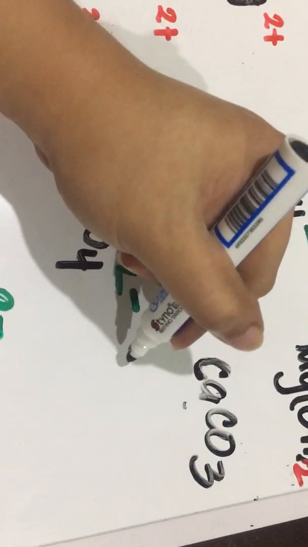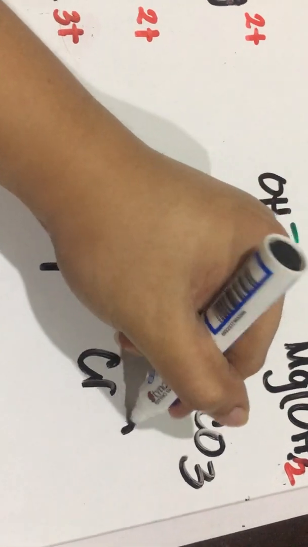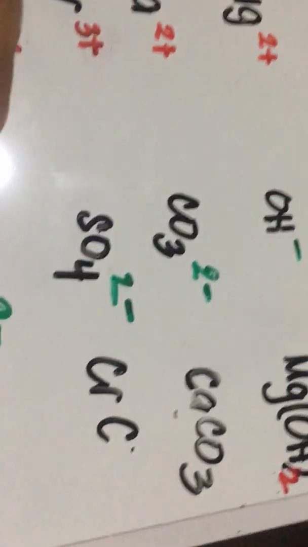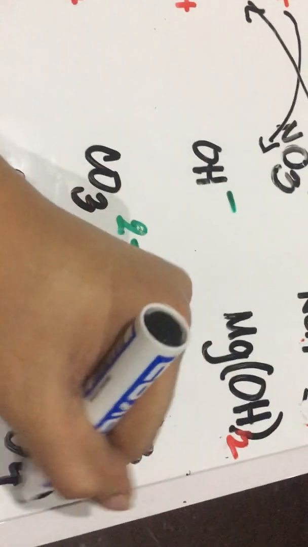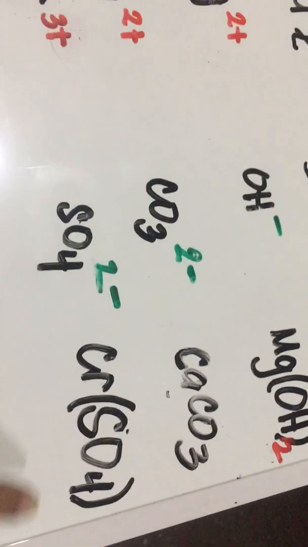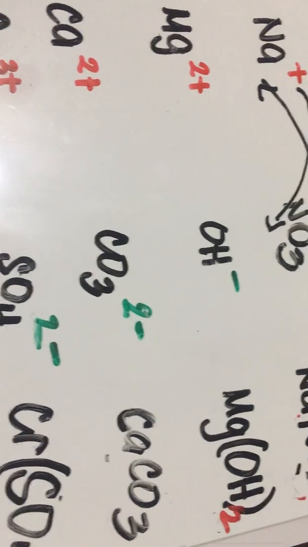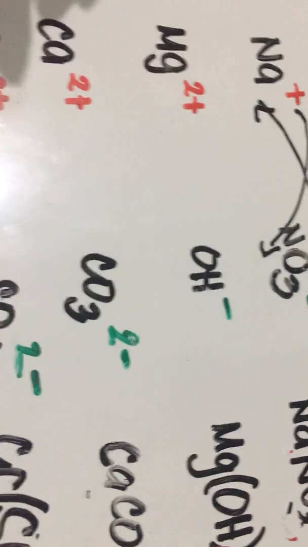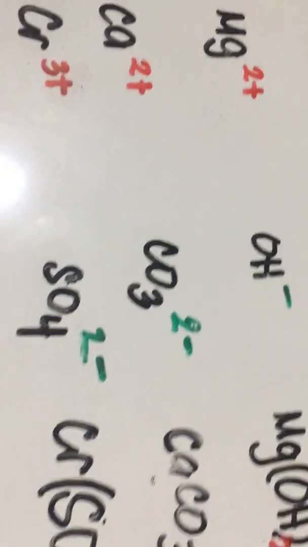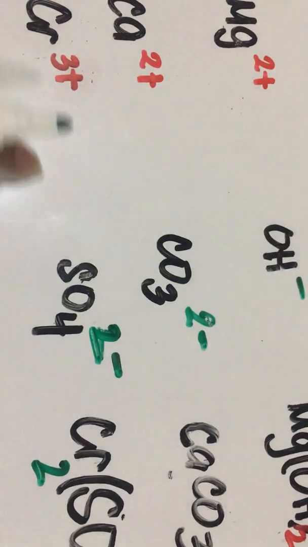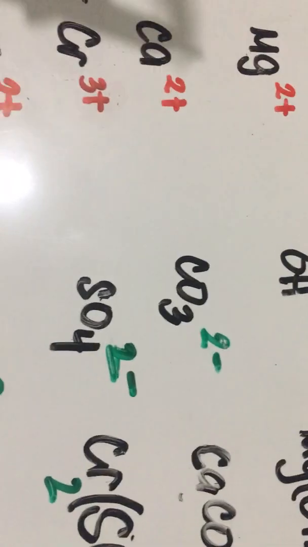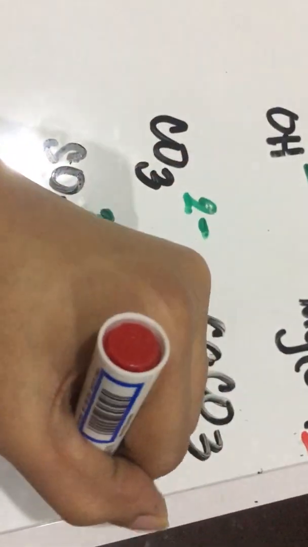So we end up with Cr, and then let me just write it down. Sulfate here, SO4, and we know that there is a subscript that's for the whole group, so we end up with Cr2, the 2 from the sulfate ion, and the 3 is from chromium in here.